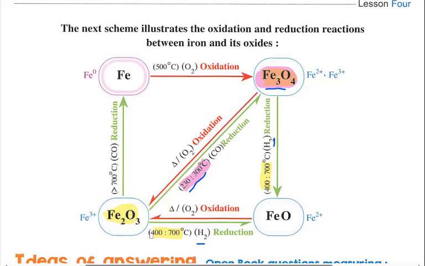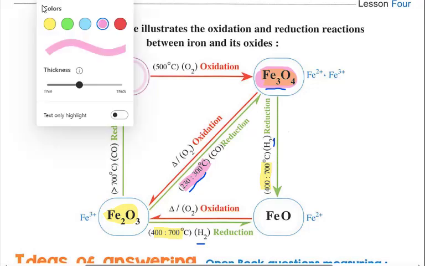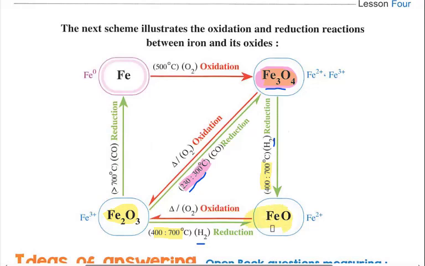Okay, here 400 to 700 is related to the ferrous oxide. So both oxides, magnetic iron oxide and ferric oxide, can produce ferrous oxide, but the temperature here is from 400 to 700 and from 400 to 700.